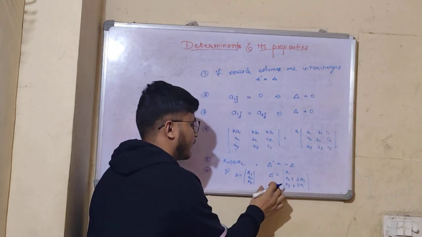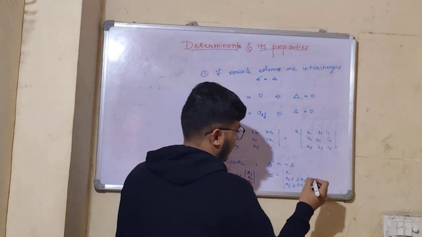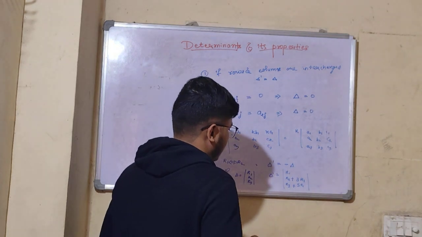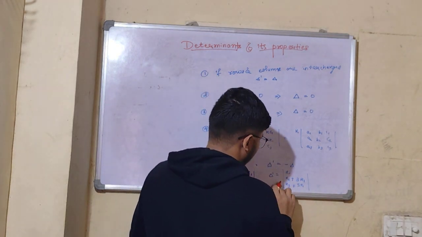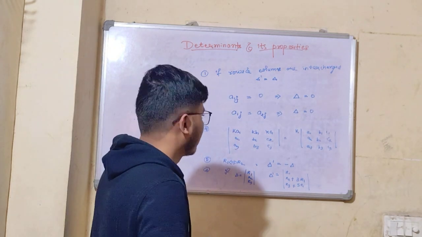Then both deltas will be equal. How am I going to show this? Let me show you. Okay, let me conclude one more property, then you will be clear about this.